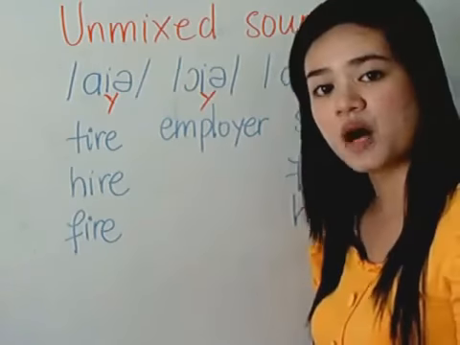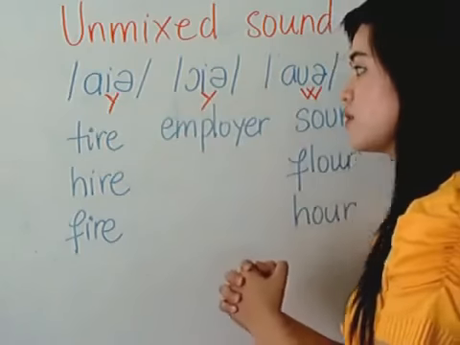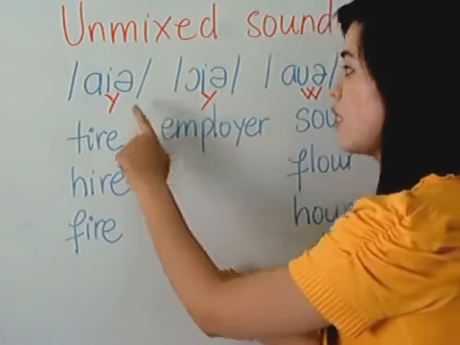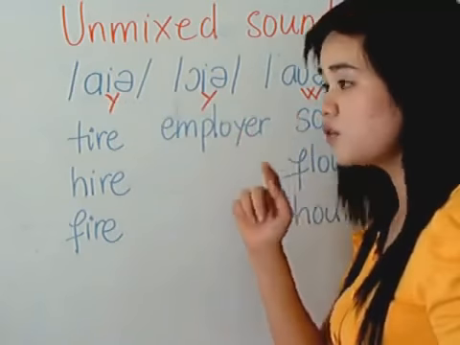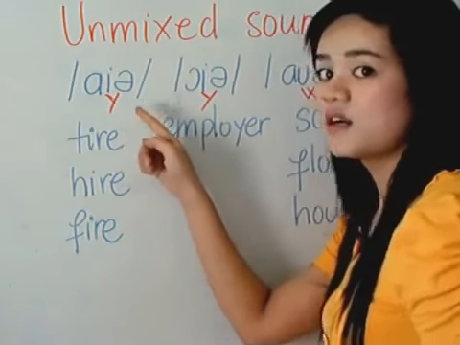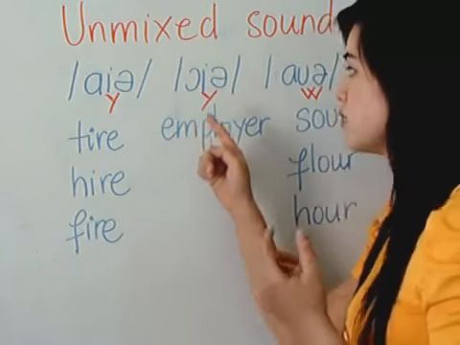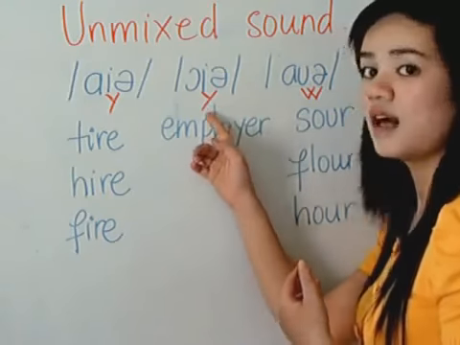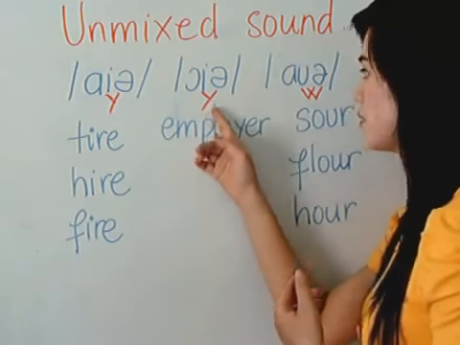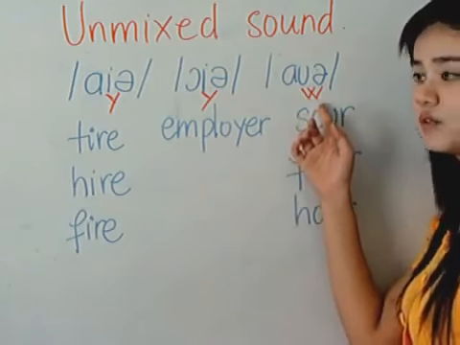As I said, you have to borrow another sound to help you connect the first one to the next one. In group ear, you have to borrow a little y. Okay? We say ear, or oir. You have to borrow also a little y. Oir. And the last one, you have to borrow a little w.